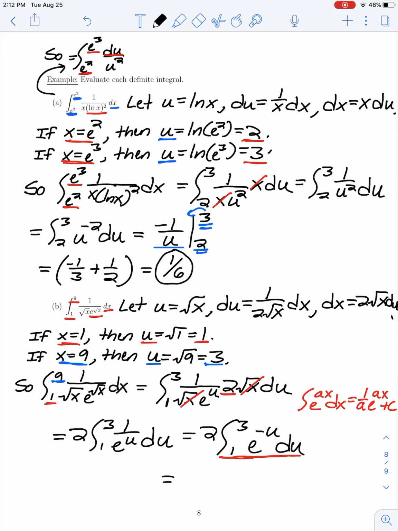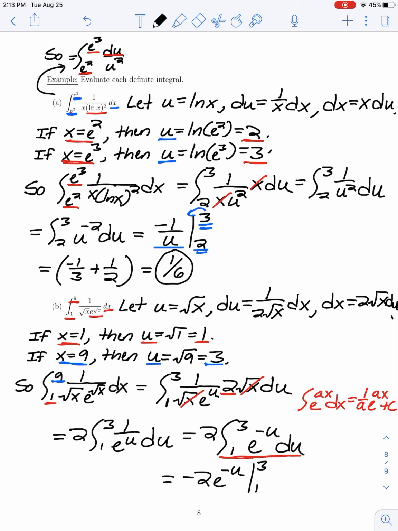So our antiderivative is then negative 2 e to the negative u. Since we had a constant 2 out in front already, just multiplying it by that negative 1, we have this negative 2 times e to the negative u power. And we're evaluating this antiderivative from 1 to 3.